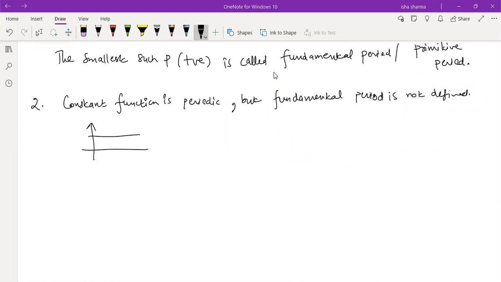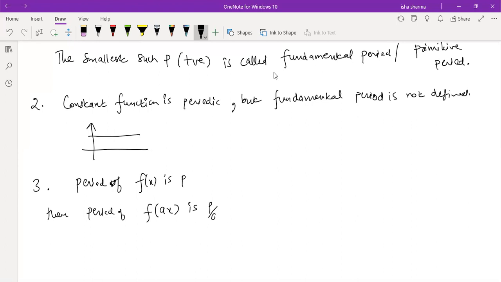Right. And then you have these relationships: if the period of f(x) is p, then what is the period of f(ax)? It is p by a, and the period of f(x by a) is a times p. It's very easy to understand. Whatever the multiple of x coming, the period gets divided by that.